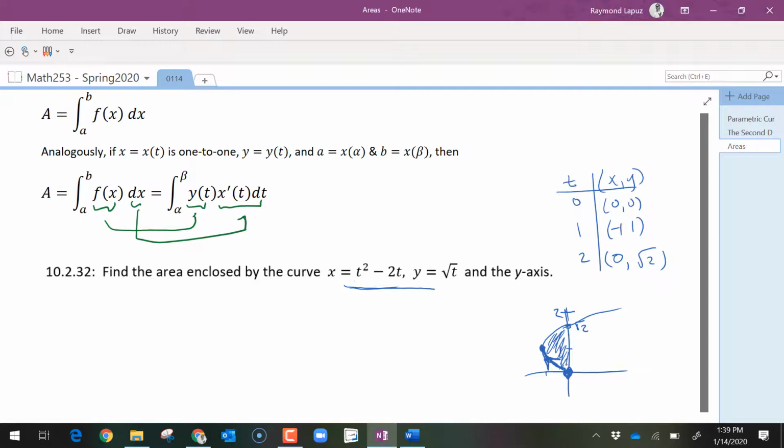So let's say we know what this curve is, x as a function of y. Let's write g. So conceivably this could be like y to the 4th plus something or other.